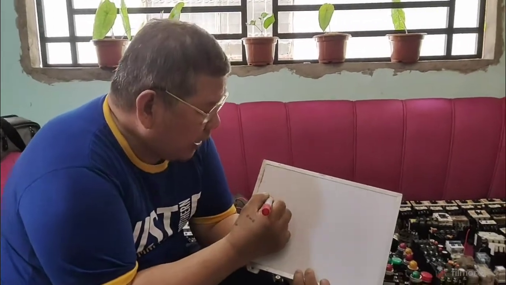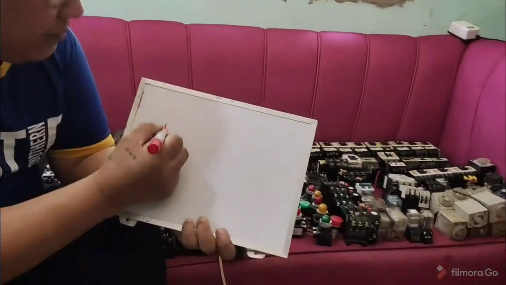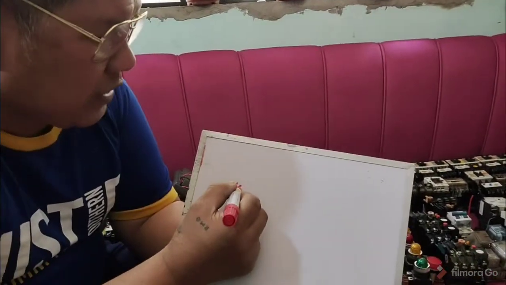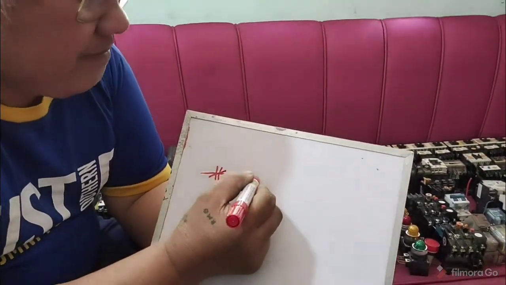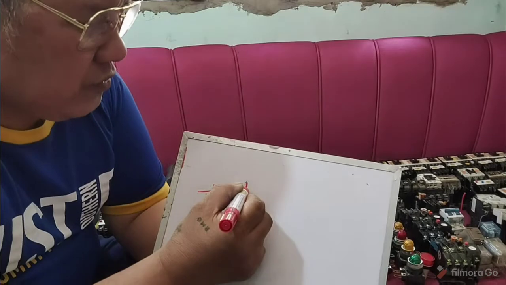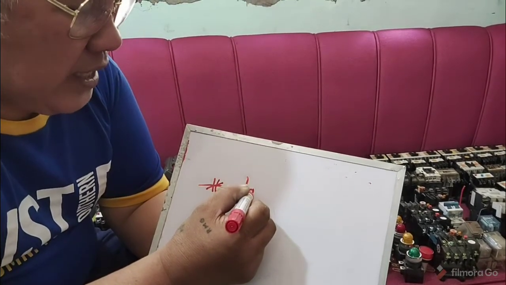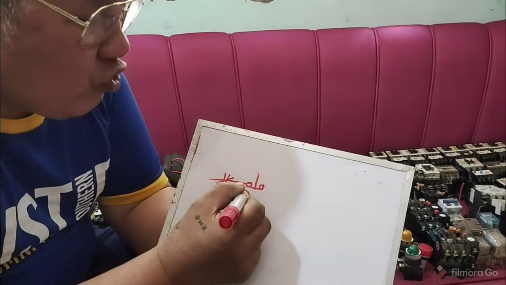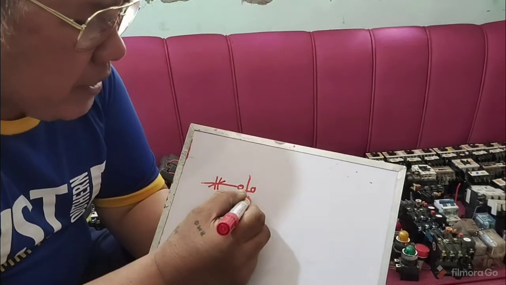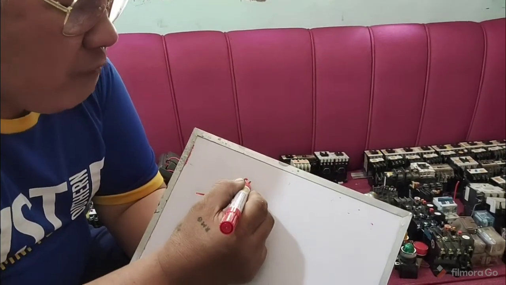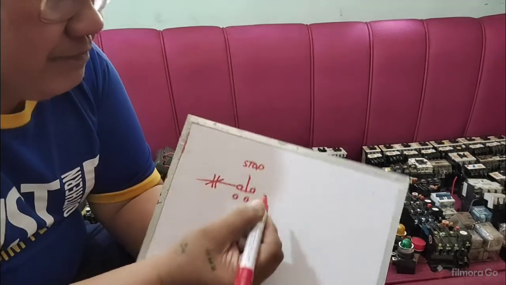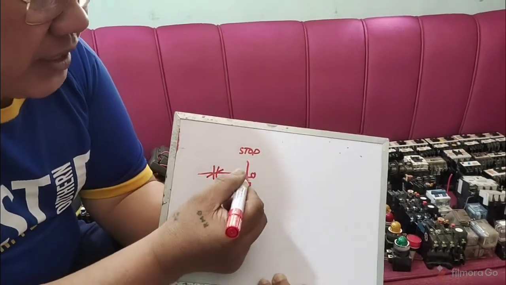Okay? So again, you have your overload contact. Then, this time, you will be using a double contact or a break-make push button for your stop.